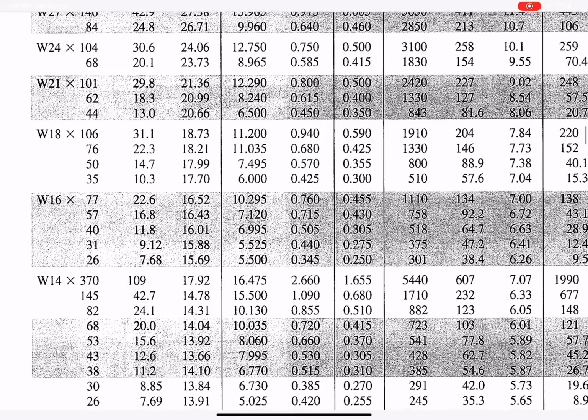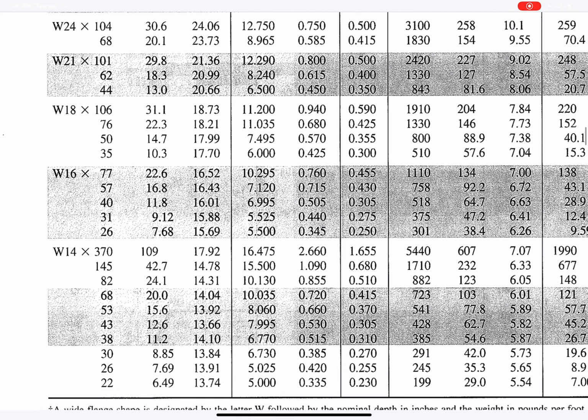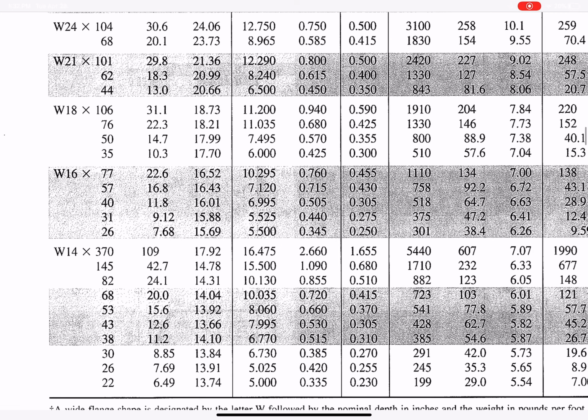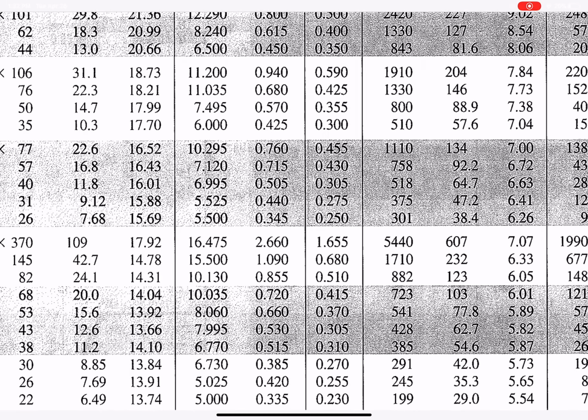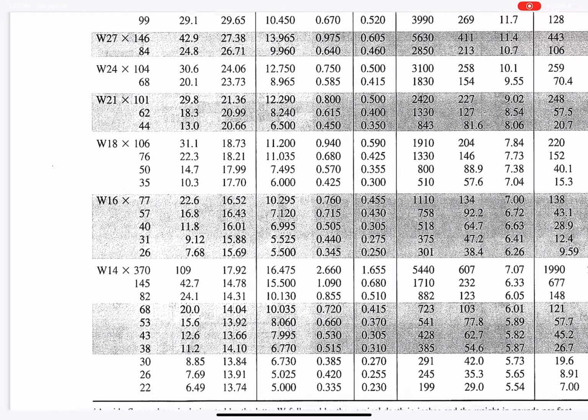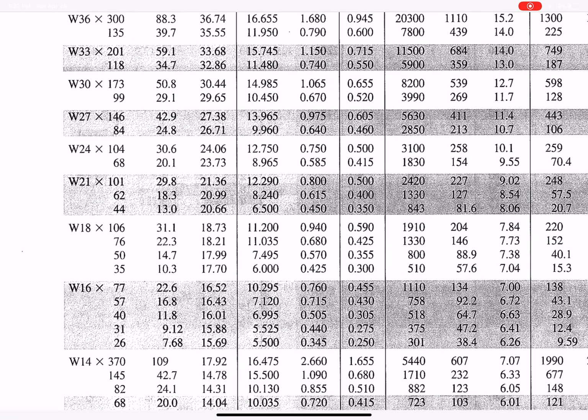For W14, I can select 14 by 53, which has SX equal to 77.8. Then keep going, be patient.